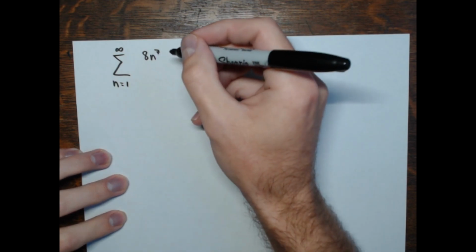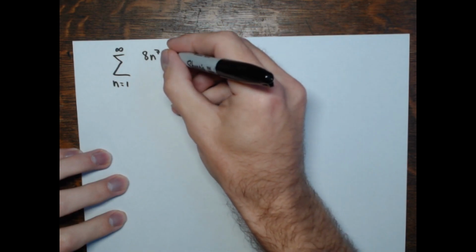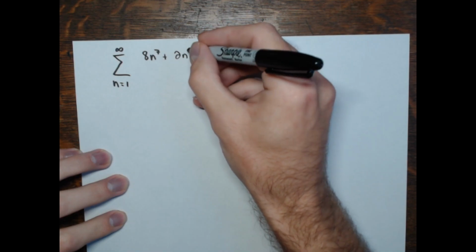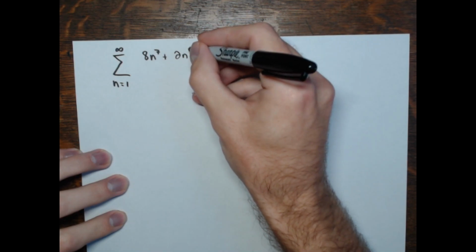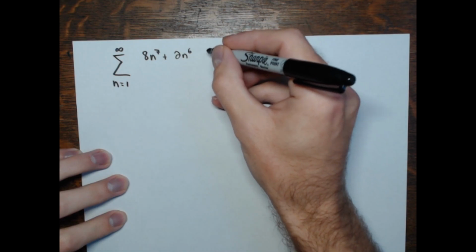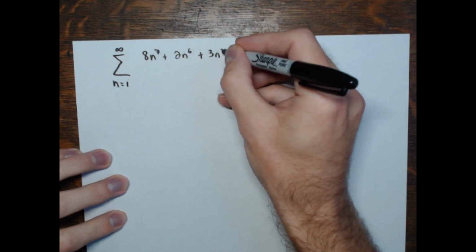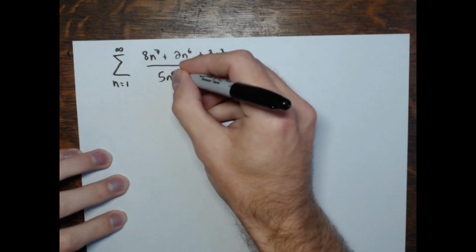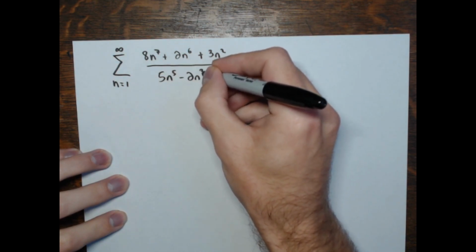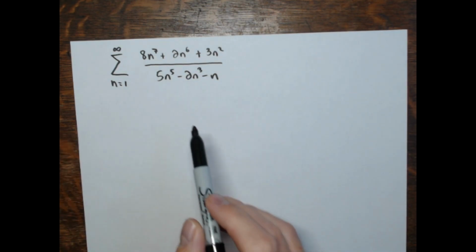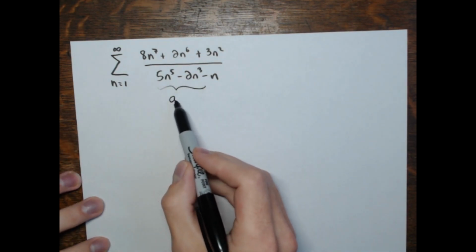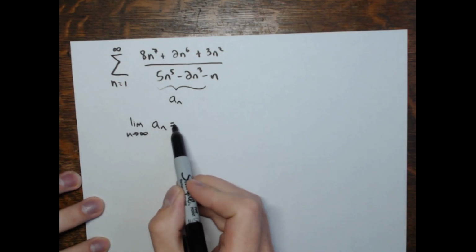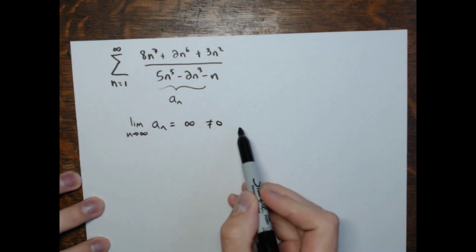Again, I don't understand why they're doing this to you. 8n to the 7th plus 2n to the 6th plus 3n squared over, and then 5n to the 5th minus 2n cubed minus n. Look at the terms, call this a sub n. The limit as n approaches infinity for these terms is infinity, which is not 0.